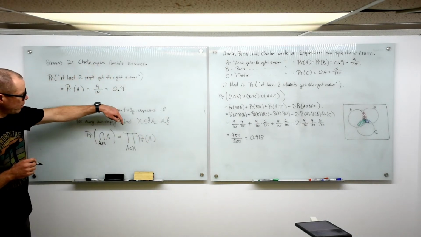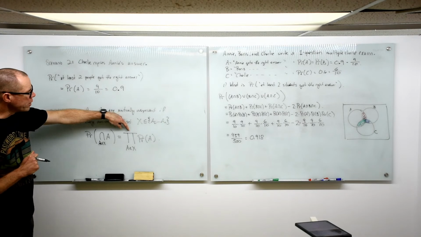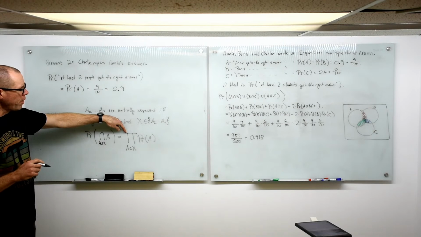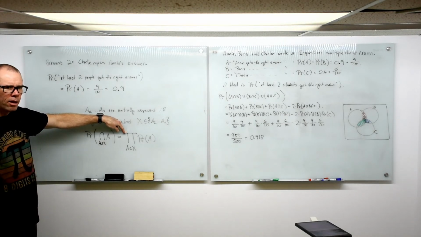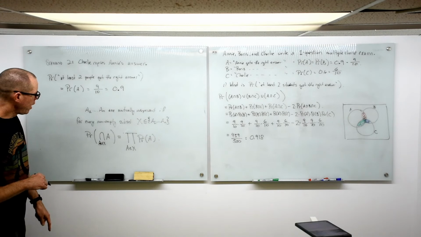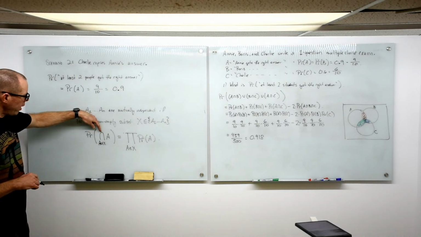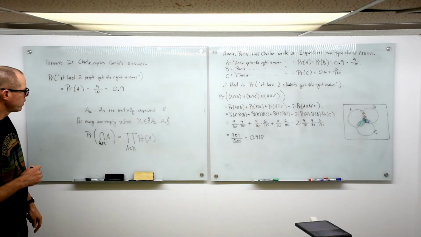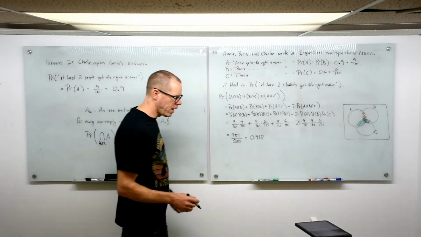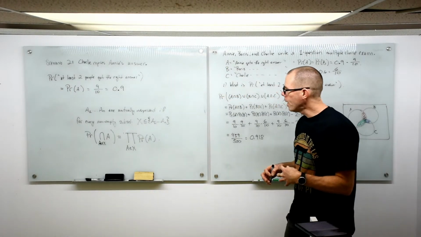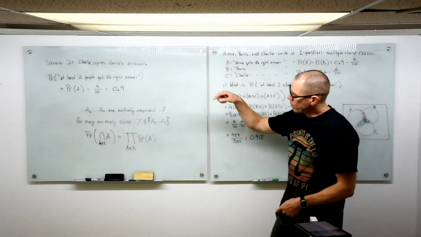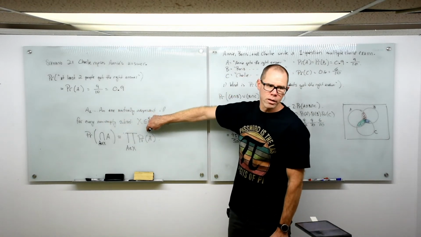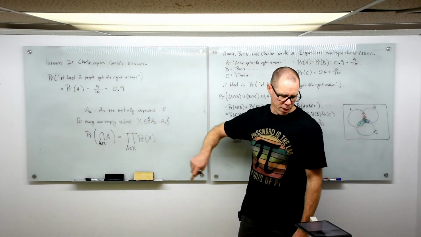This notation is exactly like the sum notation, the sigma notation, except that instead of adding all of its things, you multiply them all. And if I give you a bunch of sets, this is just intersecting all of them. So I have a bunch of events, take any subset of them, and what's the probability that all those events in that subset occur? It's exactly the same as the product of the individual probabilities that they occur.